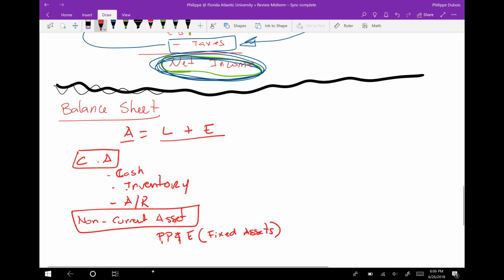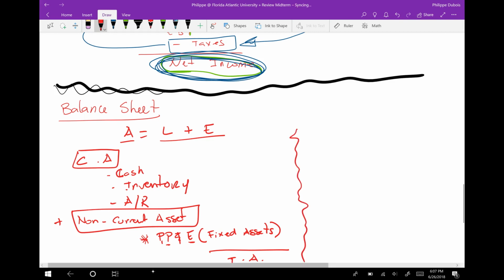Okay, this is all the money you spent on equipment or plant, right? If you purchased a big piece of equipment, or if you built a brand new building or purchased a new building, this is the category where you'll find those numbers. All right, so current asset plus non-current asset will give you your total asset. All right, this is the left side of the equation.